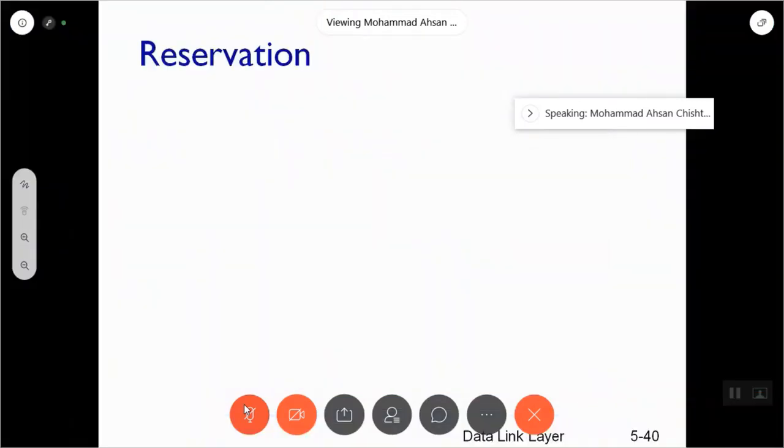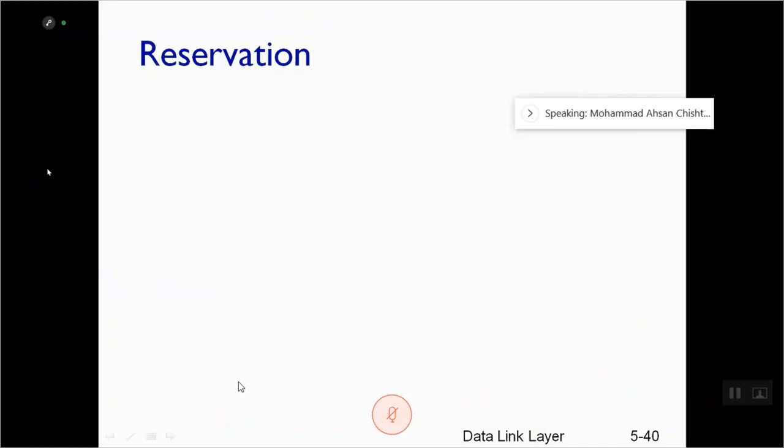The reservation protocol is a type of taking turns protocol, which is a subcategory of random access protocols. And in this case, what do we have here? We have a reservation system in which a station needs to make a reservation first before sending data.